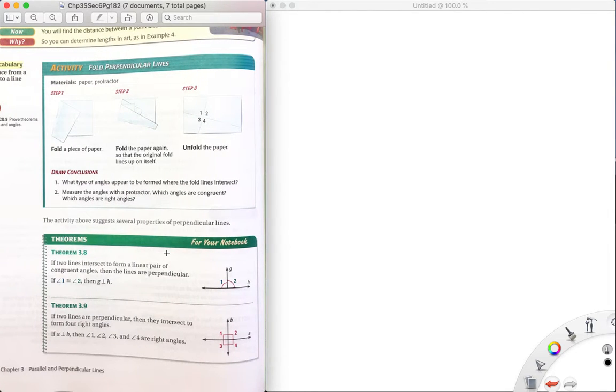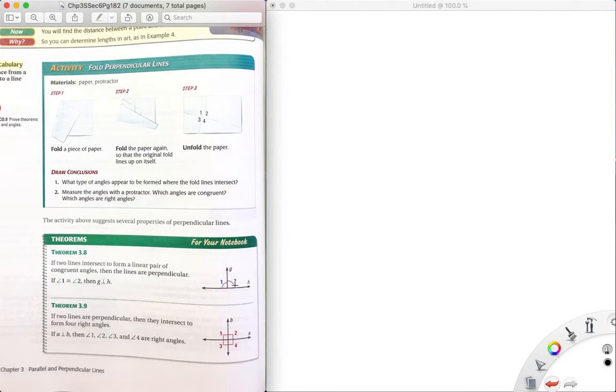is Theorem 3.8, which says that if two lines intersect to form a pair of congruent angles, then the lines are perpendicular. The conditional is if angle 1 is congruent to angle 2, then G is perpendicular to H. The thought process behind this is that if I know that 1 and 2 are a linear pair, then I know that they're supplementary.